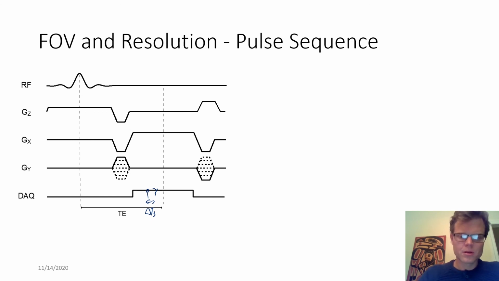So first, based on the sampling duration here, we can get the field of view in X, which is 1 over the sample spacing in Kx.